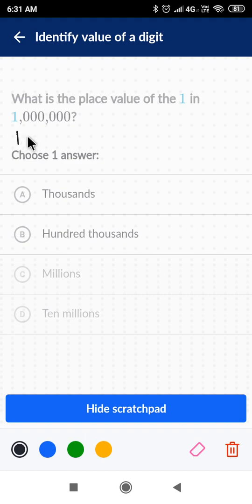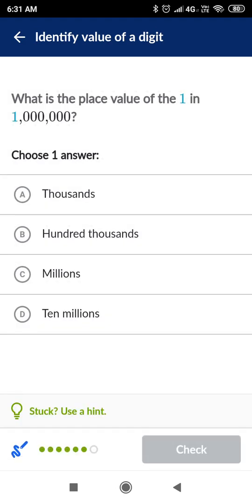And all other digits we make 0. This is 1 million. 1, 10, 100, 1000, 10,000, and in the English system 100,000 and 1 million. So the answer is 1 million. C.